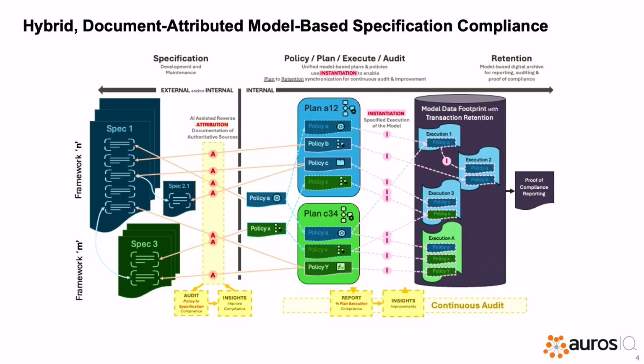So the example that Spirit has done, and that Darwin's going to talk about today, is what we call a hybrid model. And in this case, the authoritative documents, your specifications, are still documents, right? They live in a PDF file, and that's not going to change anytime soon.